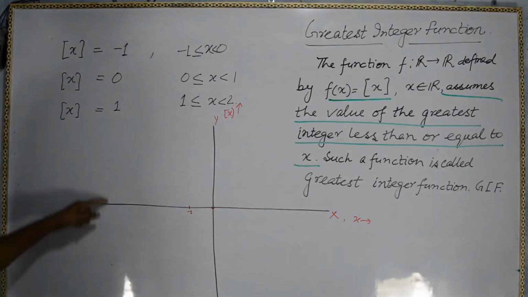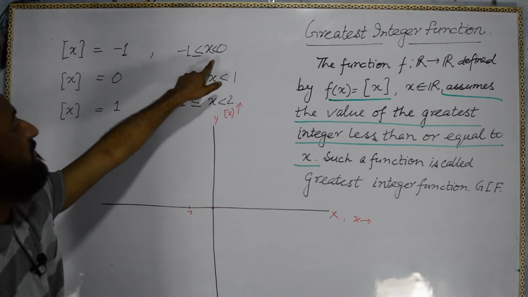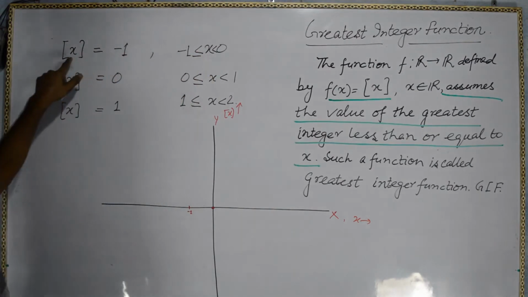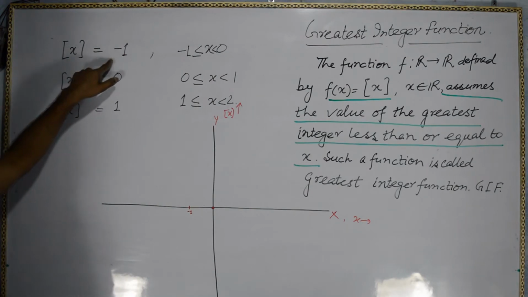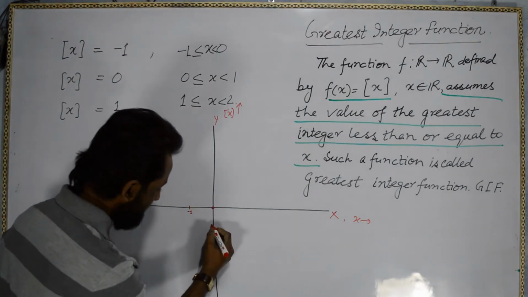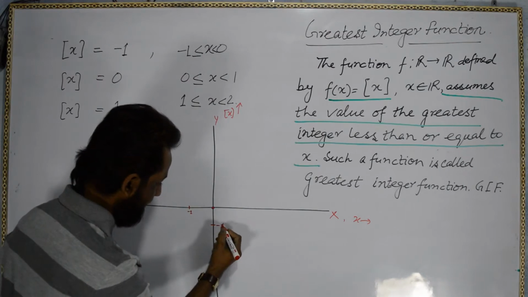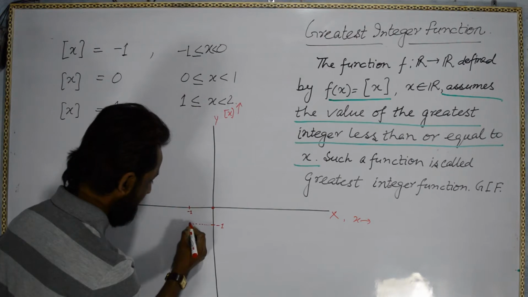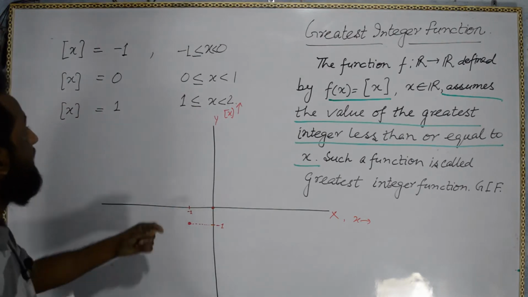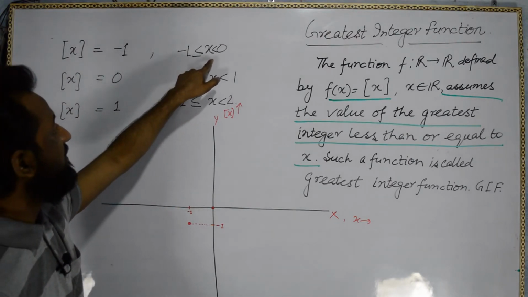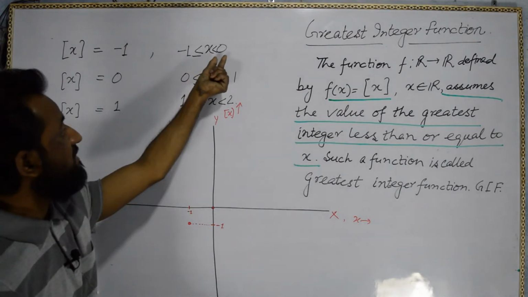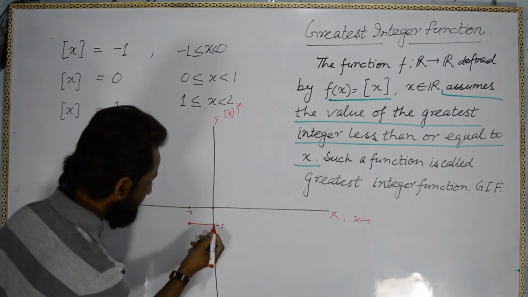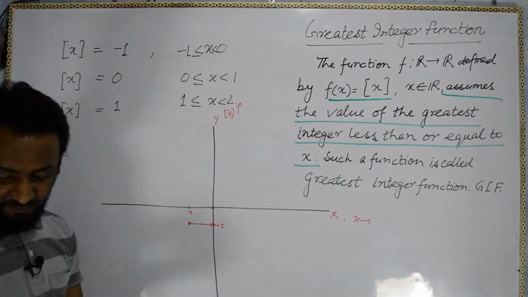When the value of x is in between -1 to 0, the value of the greatest integer function is -1. So -1 is somewhere here. And x is approaching towards 0, so it will be open here.